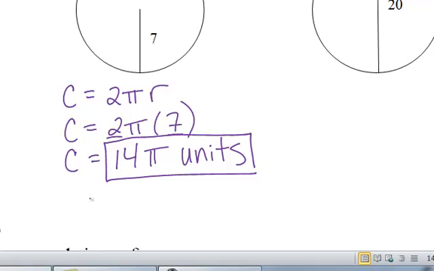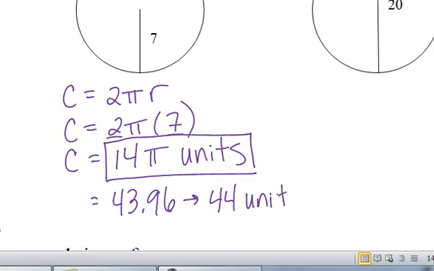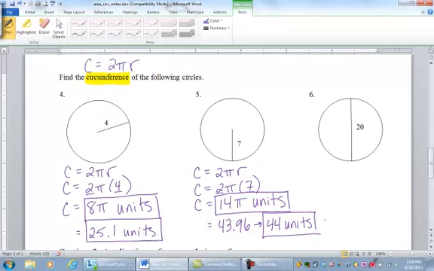And then to round your answer to the nearest tenth, you go to your calculator and type 14 times 3.14. In this case, I got 43.96, which is going to round up to about 44 units. So there's our exact answer and there's our rounded answer.